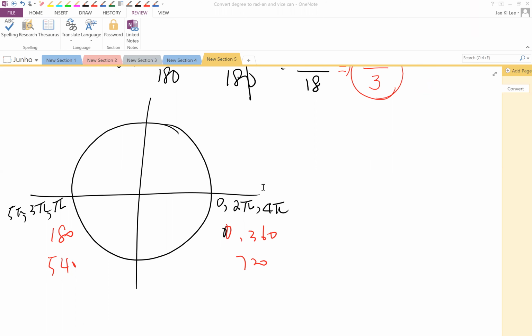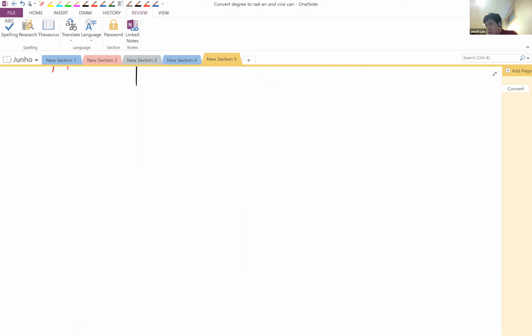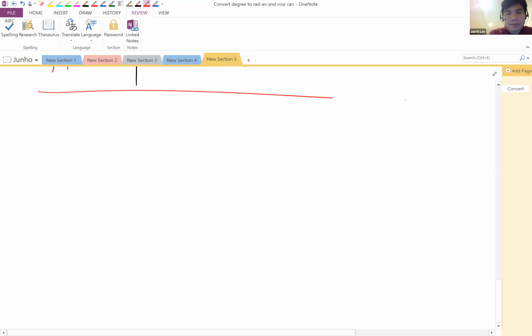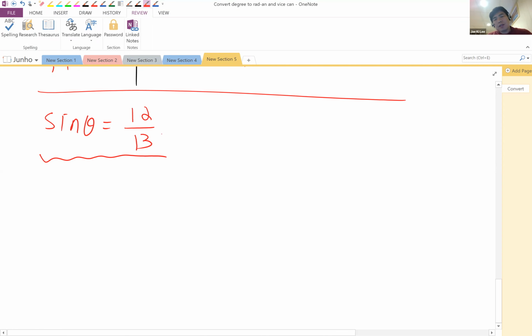All right, then now what you want to do, page 18. Based on one given trigonometry value, we're going to find the other 5 trigonometry function values, such as sine theta equal to 12 over 13. We talked about defining sine, cosine, tangent using the triangle too, right?